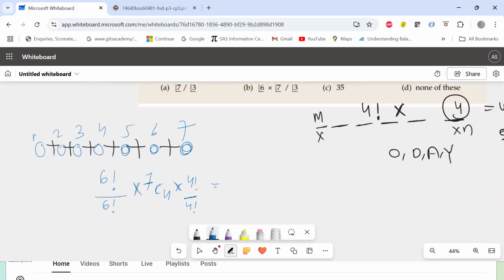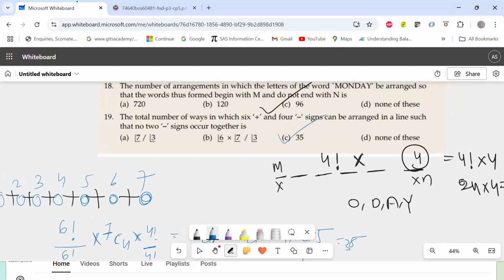The answer for this would be 7C4, which is 7C3, which is 35. The answer for question number 19 is 35, option C.